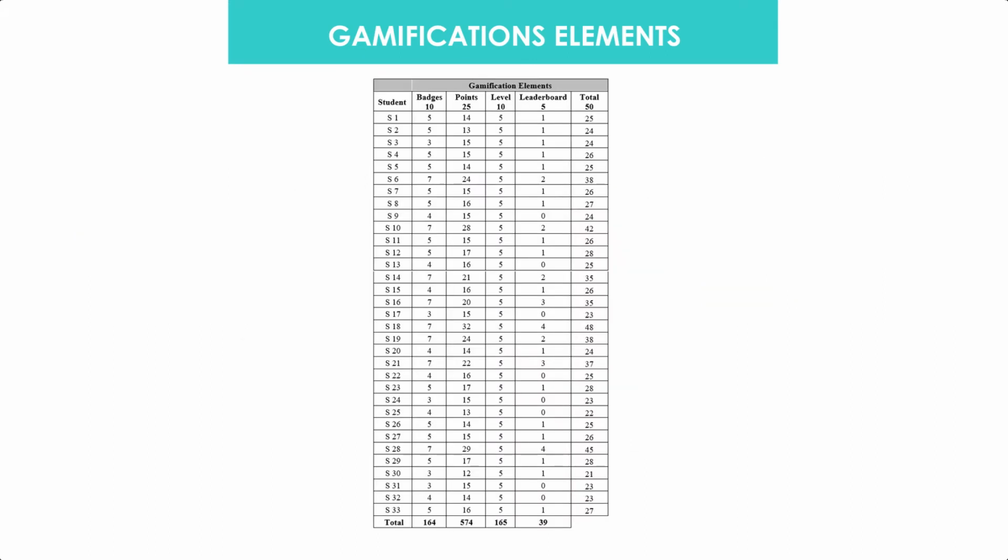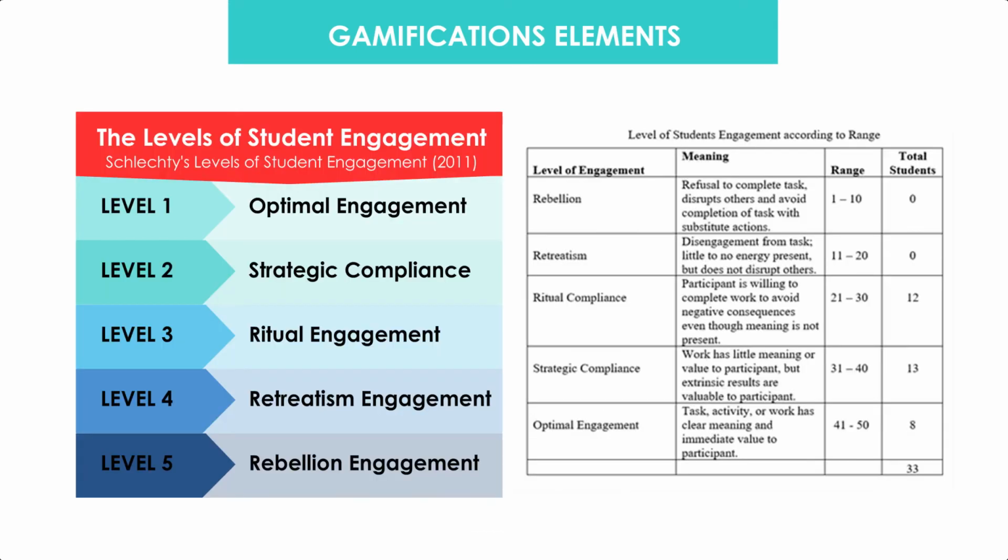To look at the effect of gamification integration, we analyzed the log file of the GameCell online platform in detail according to students' frequency of gamification elements. Then, each student was analyzed thoroughly and classified into levels of student engagement.